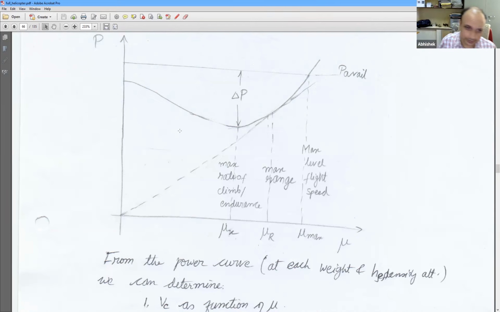So now, based on this, we can identify, derive and obtain expressions for the speed corresponding to best endurance, the speed corresponding to best range, and the maximum level flight speed possible. Maximum level flight speed is quite straightforward. You can see it here.